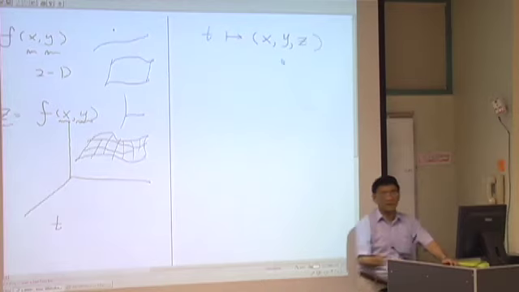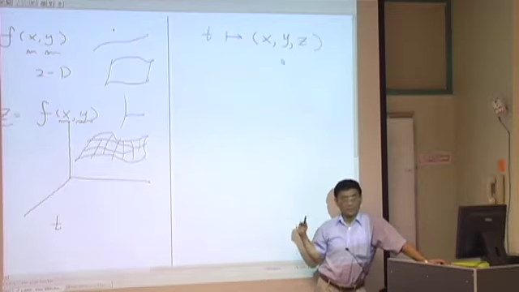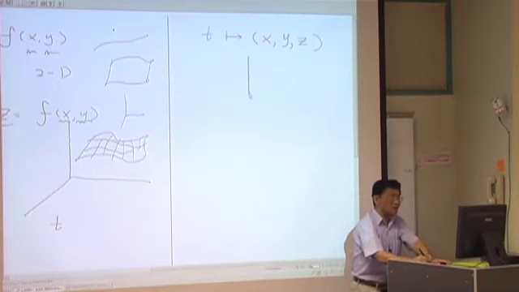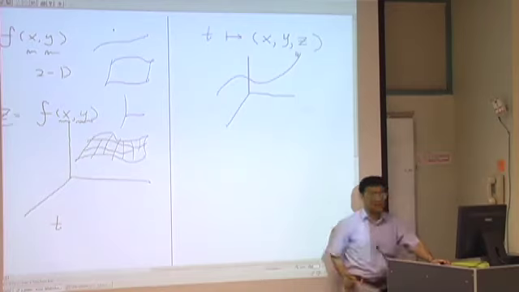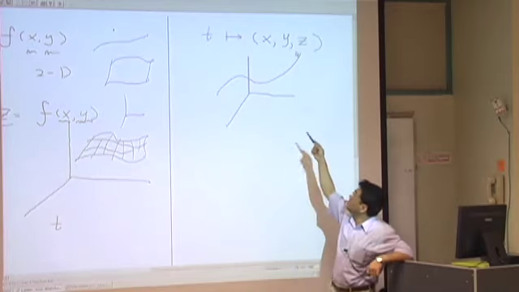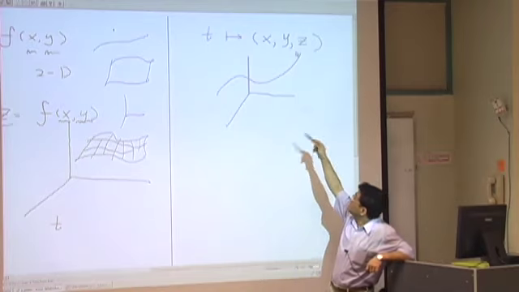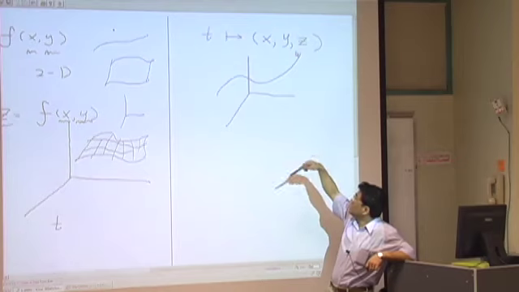Do you follow me? To represent this kind of thing, we should use 3-dimensional space, right? And in 3-dimensional space, we represent this trajectory, and it is usually a 3-dimensional curve.